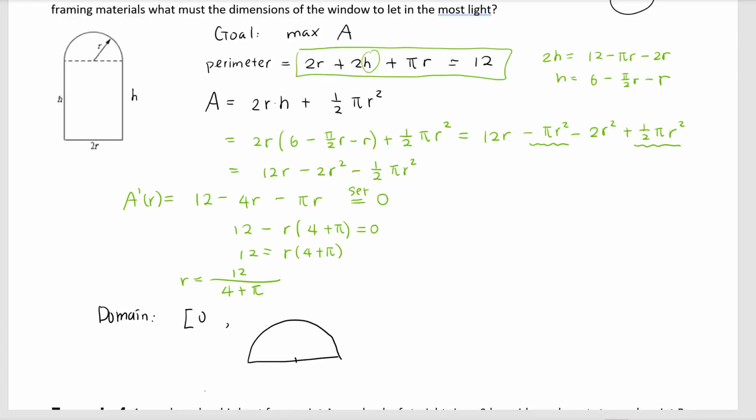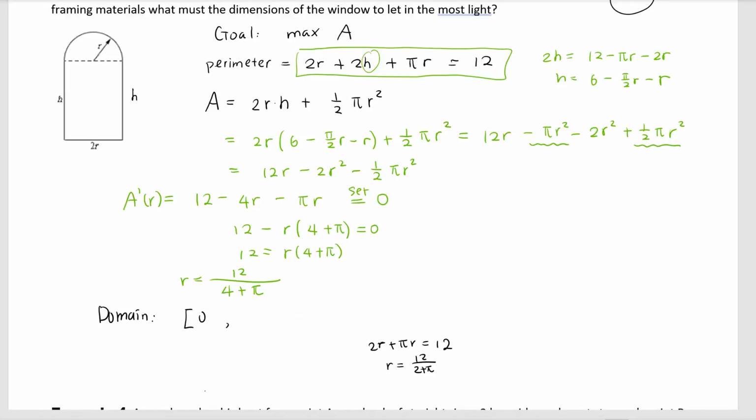We know the framing material is 12, so this is 2r, and that guy is pi r. So we have 2r plus pi r is 12. Okay, so that's why we have r is 12 over 2 plus pi. So this is the biggest it can be.